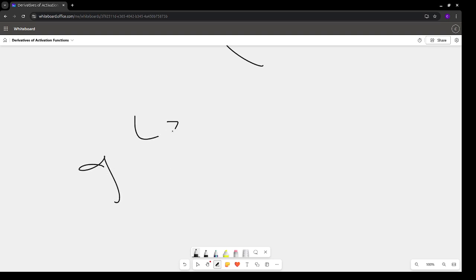Like we can write that as G of Z times 1 minus G of Z.